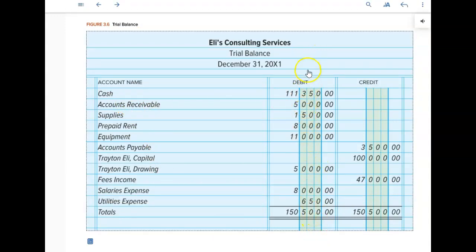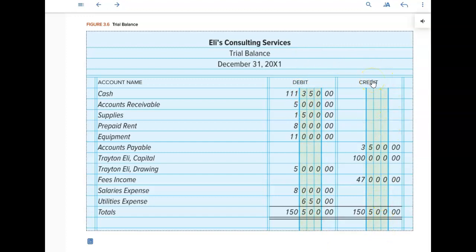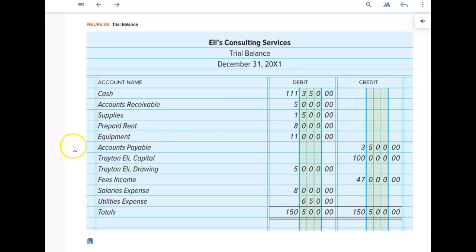All the debits are posted in the debit column. All the credit balances are posted in the credit column. You can check all the other account titles and debit or credit amounts, but they are consistently done, and the trial balance has accurate numbers from the T accounts.